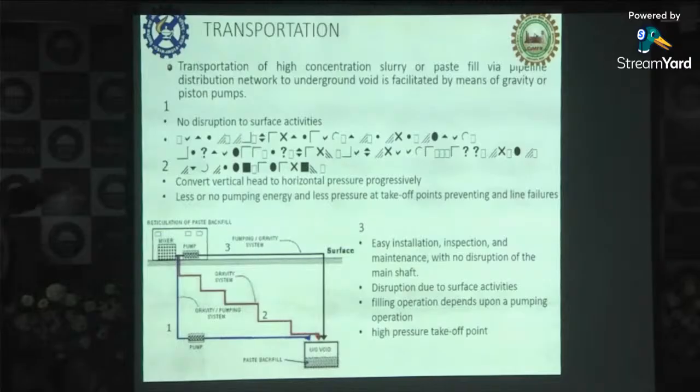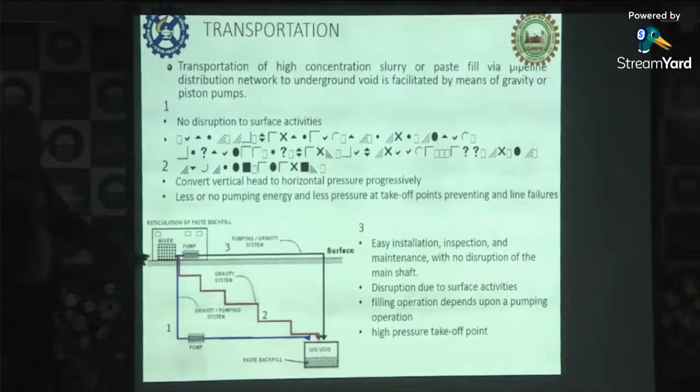The transportation to the underground is done by three methods basically. One is a gravity system, which is a combination of vertical and horizontal pipelines, where the vertical head is converted into horizontal length in steps.